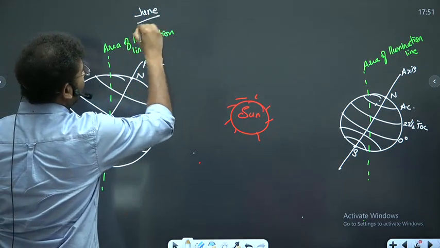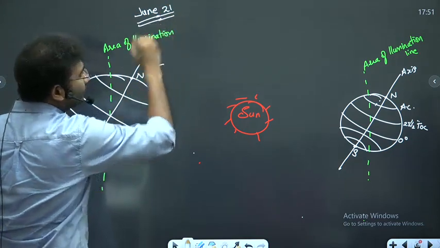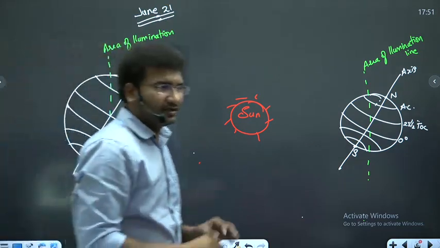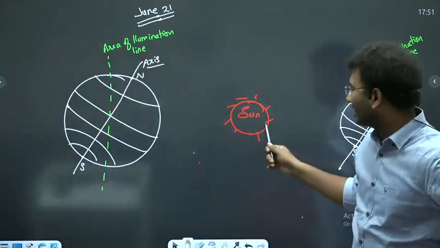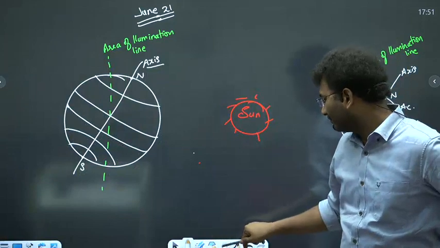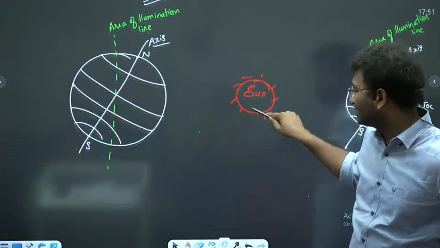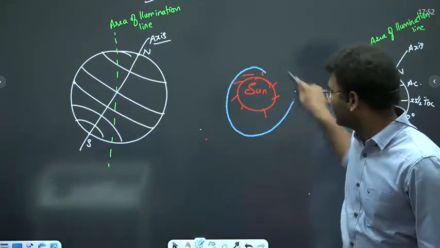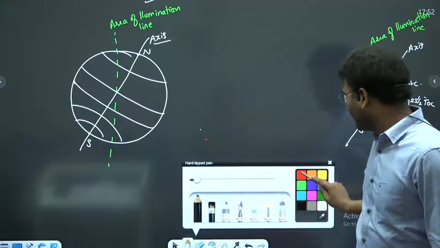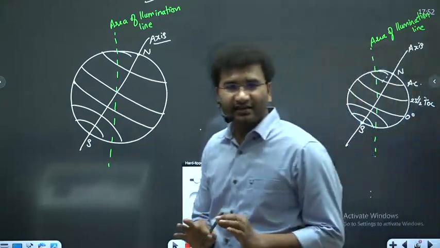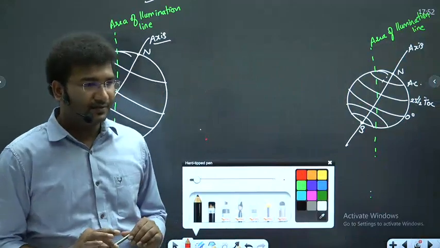Okay? On June 21st, the sun rays which are there, they come and directly fall. For our understanding, see, what happens in June? The sun rays directly fall on the Tropic of Cancer. Okay?